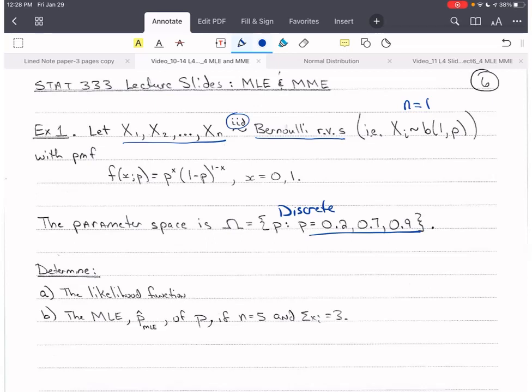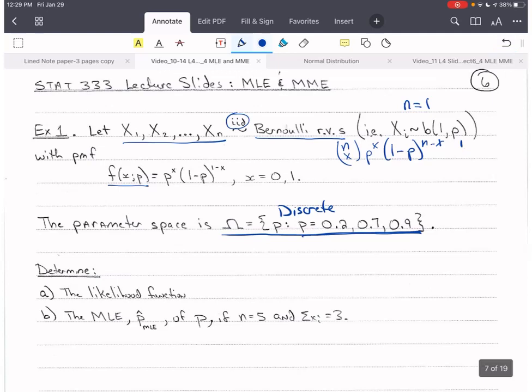So I can write the PMF of x as f of x, but I'm going to write it with respect to p as well, because p is the parameter we want to maximize. So we're going to consider this as a function of p. And remember that p normally is between 0 and 1, but we're limiting the parameter space here to 3 values. So when I plug in n choose x, p to the x, 1 minus p to the n minus x, when n is 1, then n choose x is 1.